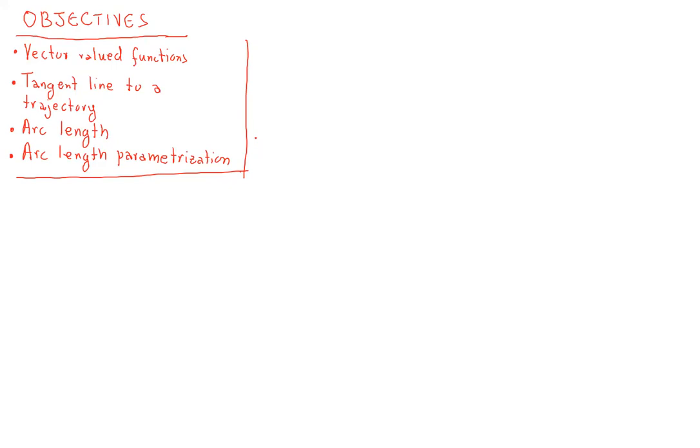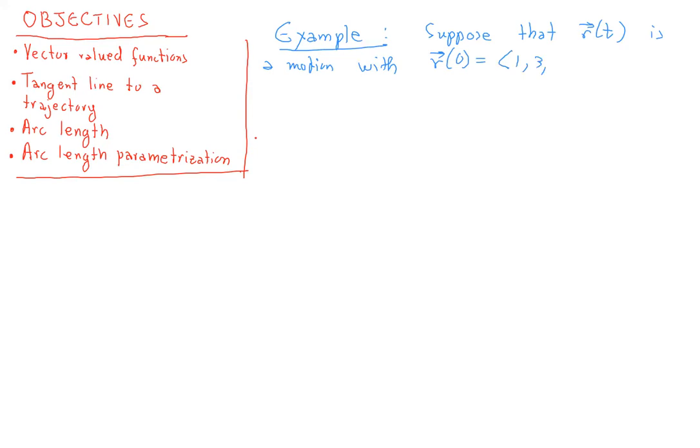So in this example, suppose that r of t is a motion with r of 0, so the position at time 0 being 1, 3, negative 2, and velocity v of t, which is, of course, the derivative of r of t, being equal to t, minus cosine t, e to the t. Find the position function.